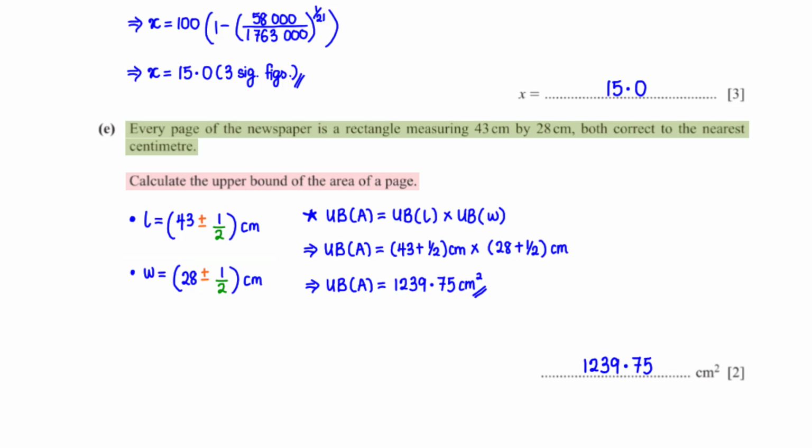We are interested in finding the upper bound of the area, and that will be equal to the upper bound of the length times the upper bound of the width. The upper bound of the length will be 43 plus 1 over 2 centimeters, and the upper bound of the width will be 28 plus 1 over 2 centimeters. When we type this into the calculator, we get 1239.75 centimeters squared.